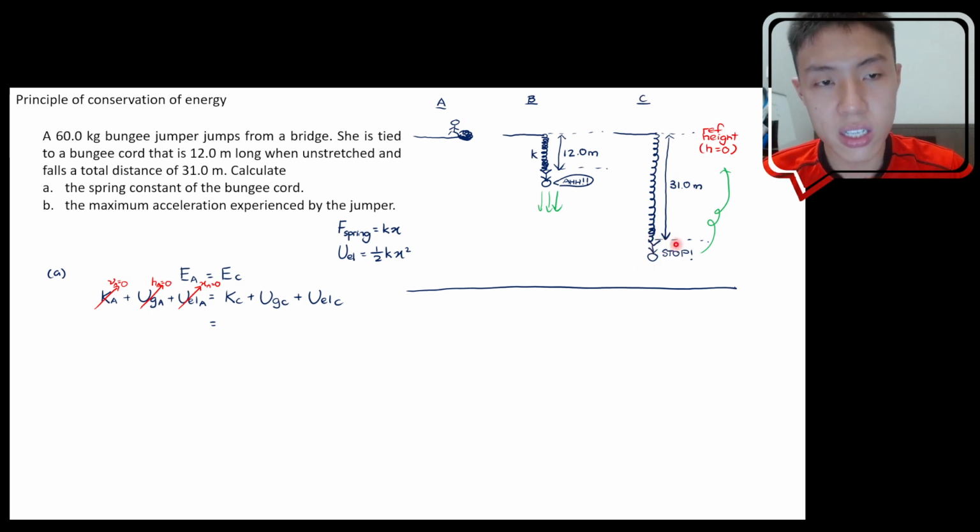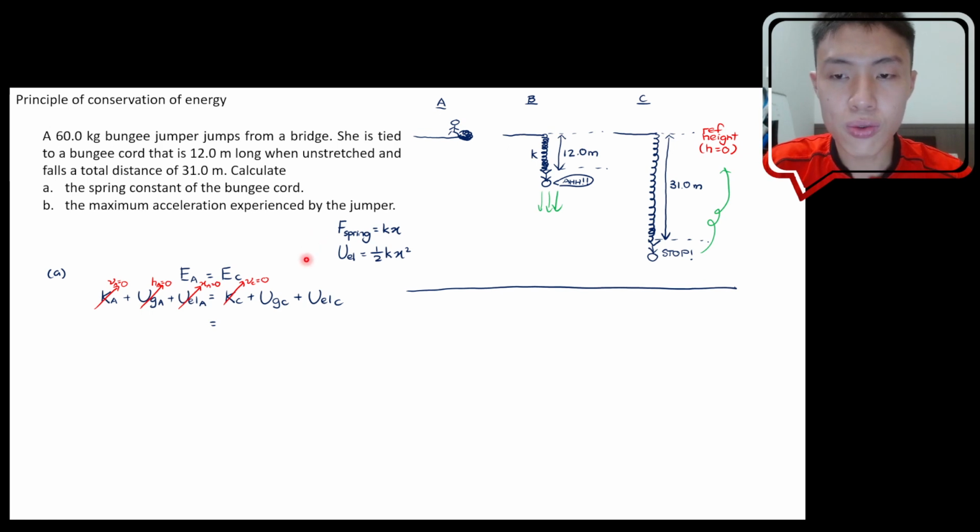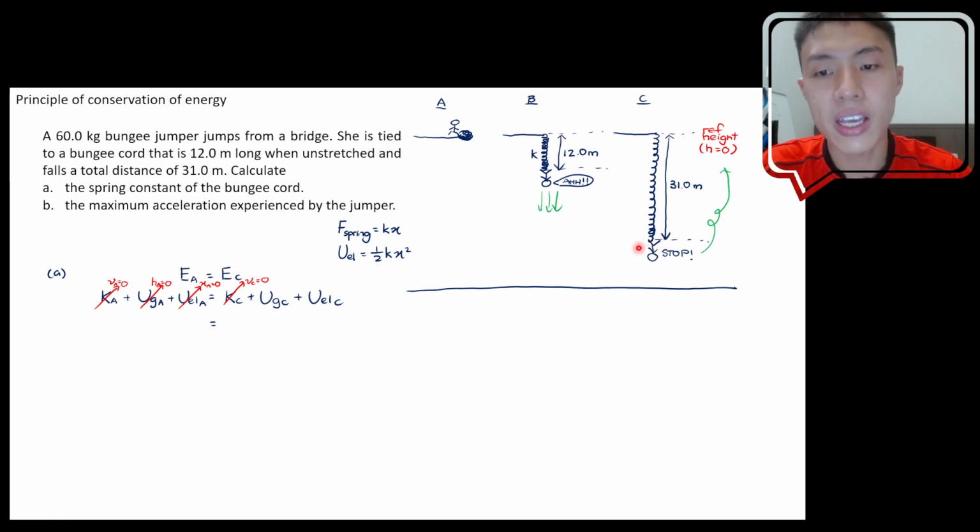Because there's a stop here, there will be no kinetic energy, because your v_C here is also equal to 0. Okay, but now you know that you are below the reference height in situation C, so there will be a gravitational potential energy. At the same time, your spring is also stretched. In fact, it's stretched to the maximum, so there will be elastic potential energy.